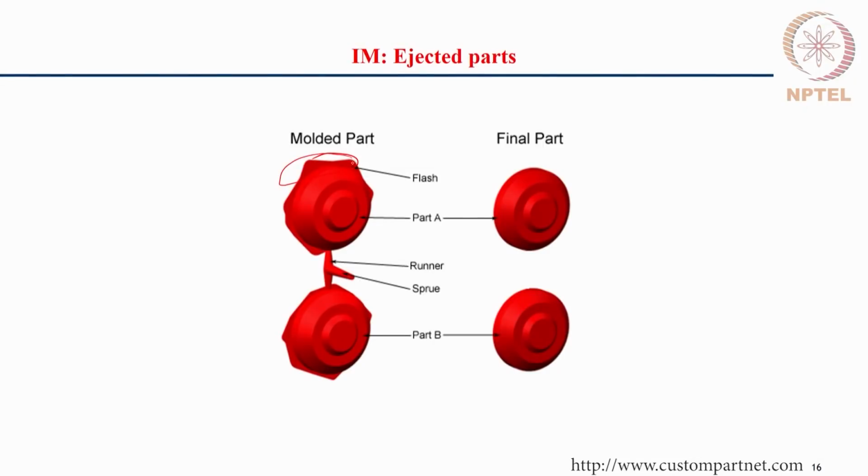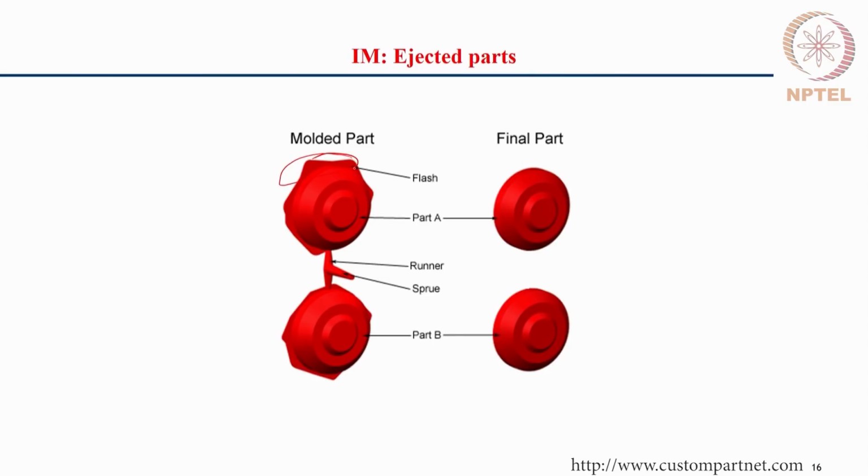The flash is required because the flash ensures that the mold has completely filled and the material actually tries to come through the parting surface. This ensures that all parts of the mold are filled. So, flash is an essential component, though it can be minimized, but cannot be completely removed.